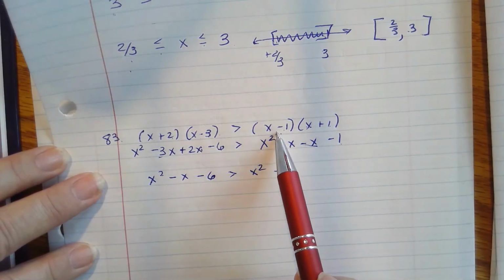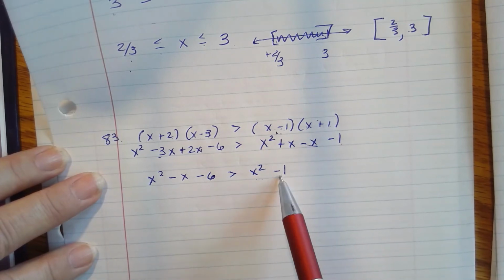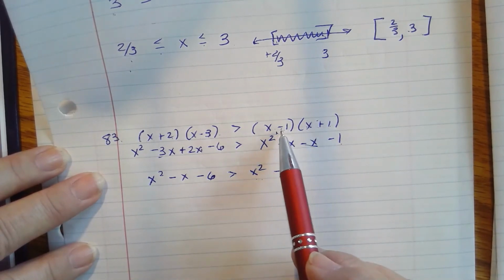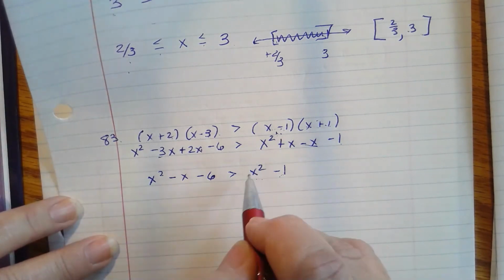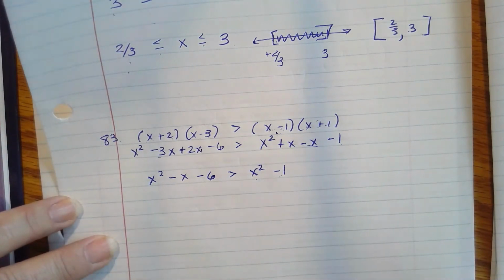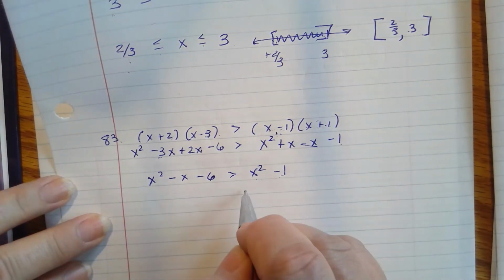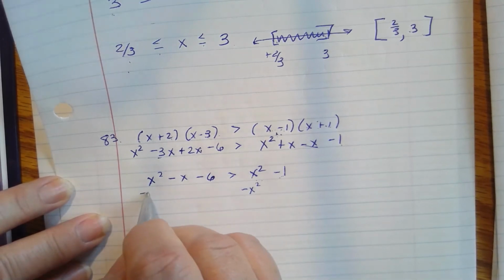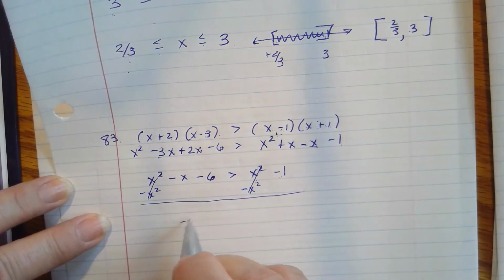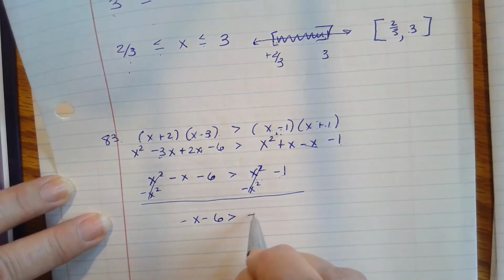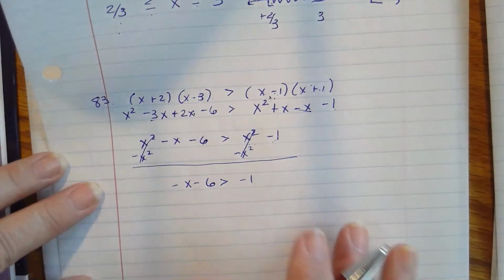Now, some of you would remember that when you multiply the sum and difference, you get the difference of squares. So some of you could have gone straight from this to this, and that would be fine. Well, it looks like we've got an x squared in here, which makes it a whole different ball game. But in this particular problem, if you subtract x squares from both sides, the x squares disappear, and so it is still just a first degree equation, first degree inequality.